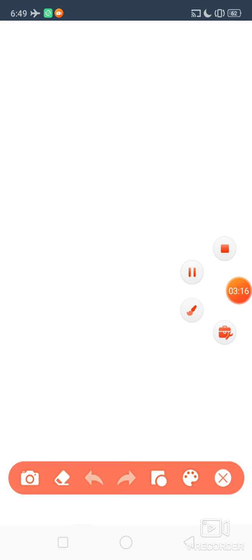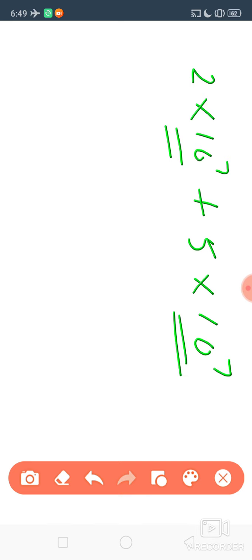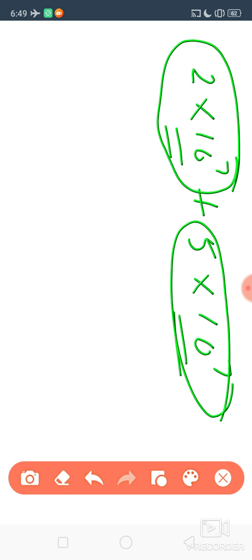One more example I am taking. Suppose a number is given as 2 into 10 to the power 7 plus 5 into 10 to the power 7. In both the terms we are getting 10 to the power 7, so we can take it common and write it outside.